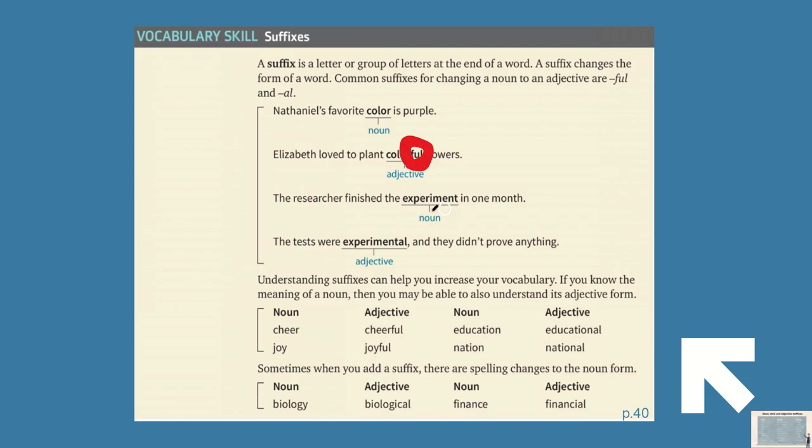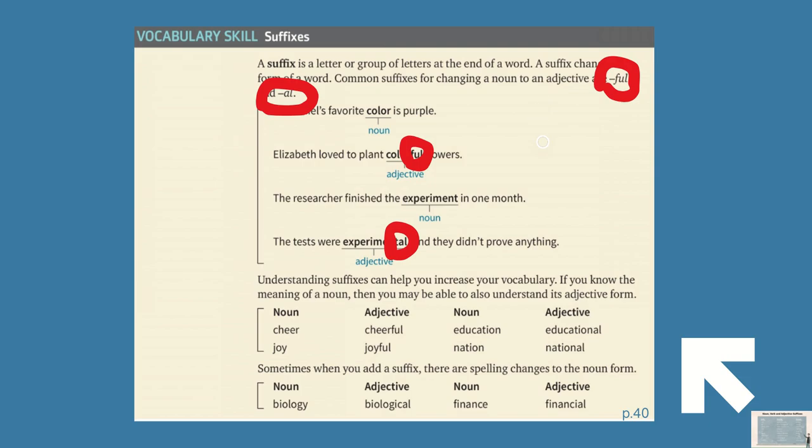Then experiment and then experimental, AL. So this example mentions the suffixes FUL and AL.